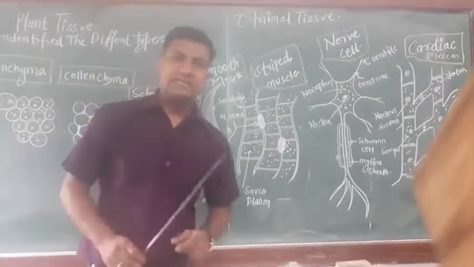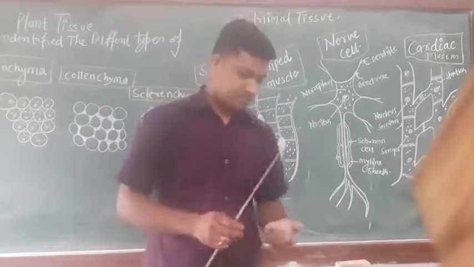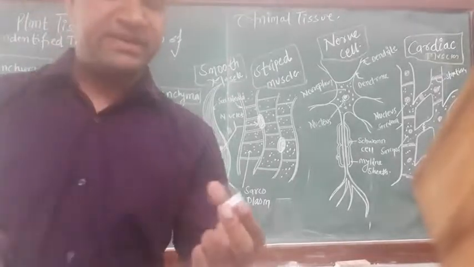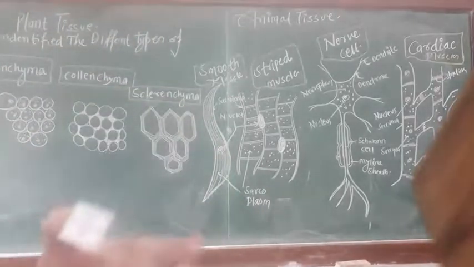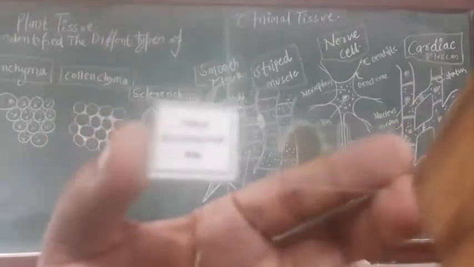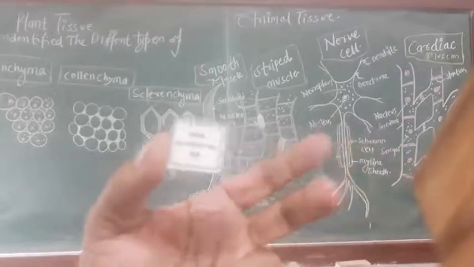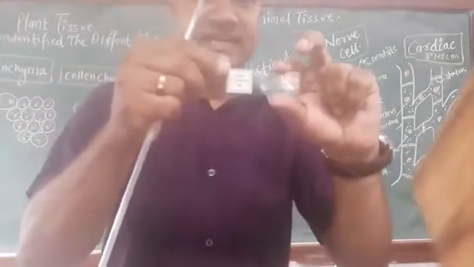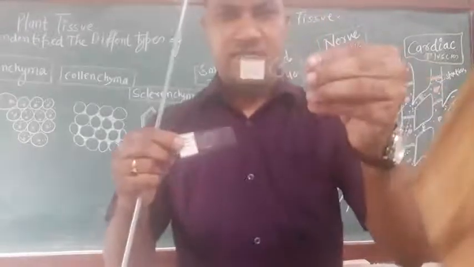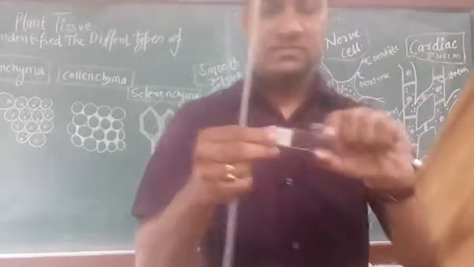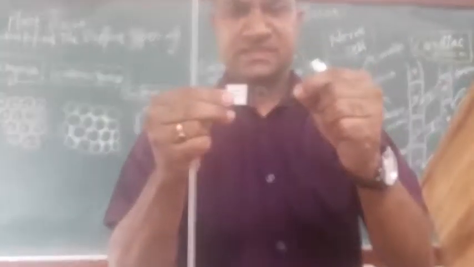We have already studied this in chapter number 2, tissue. So how can we study it? With the help of permanent slides. You can see that is the sclerenchyma permanent slide, and permanent slides of parenchyma, nerve cell, and cardiac muscle.